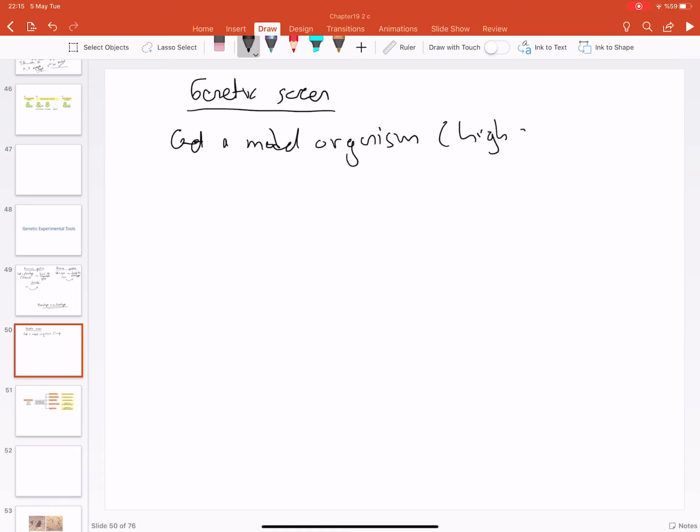So people usually don't do screens in mice because a mouse takes too much space, and these model organisms are very small, usually like C. elegans or flies or yeast or Arabidopsis.